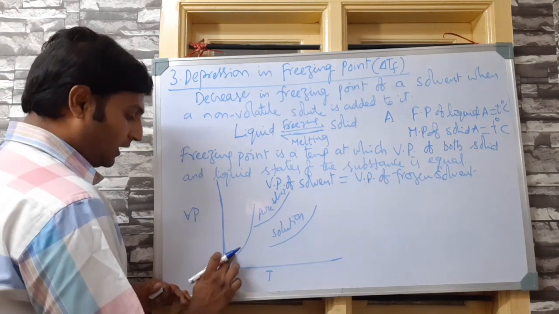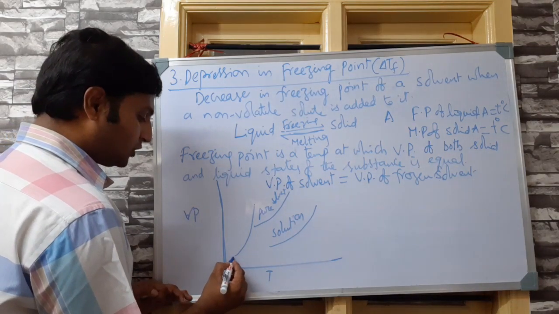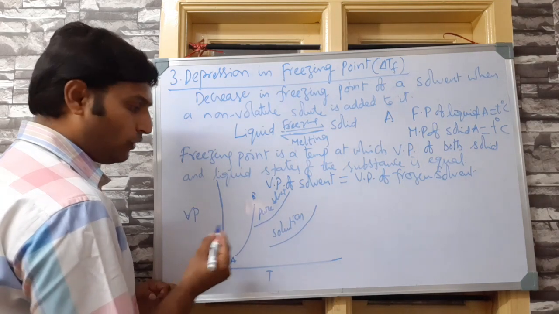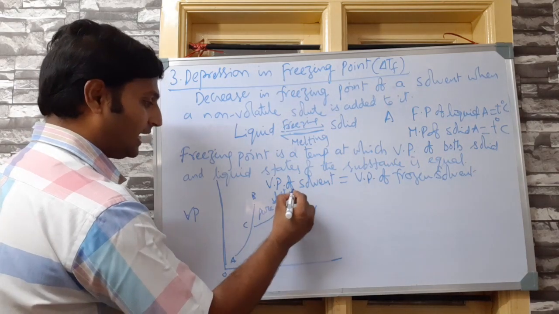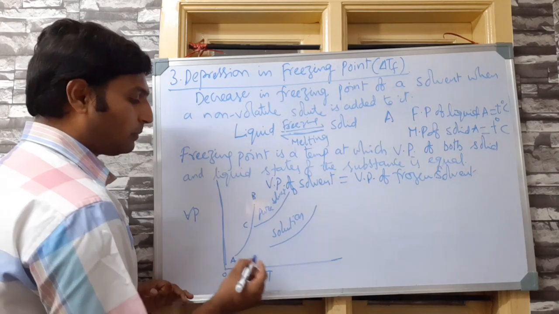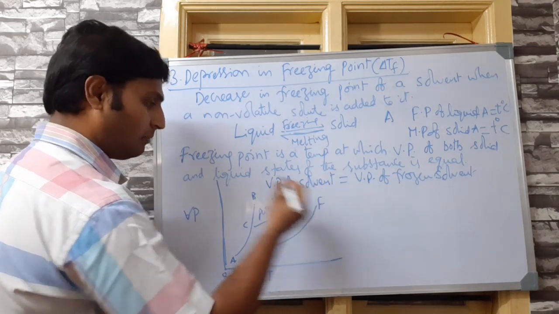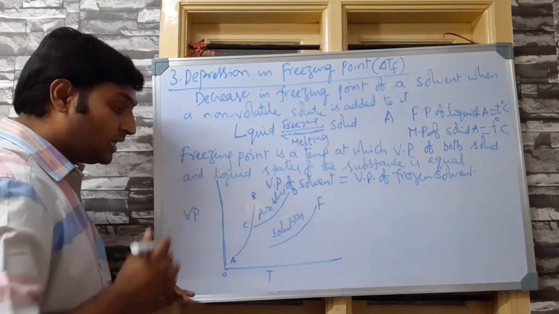Now let me name the curve showing vapor pressure of solid as AB, the curve showing pure solvent as CD, and the curve showing solution as EF, say. I'll mark F later, E later.